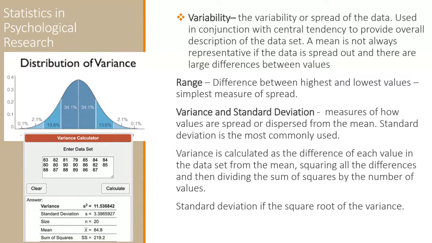So variance is calculated of each value in the data set from the mean. So if the mean is 50 and I scored 65, in theory I'm 15 points away from the mean. So you square all the differences and divide the sum of the squares by the number of the values. It's a simple little calculation, but your computer program will do it for you.